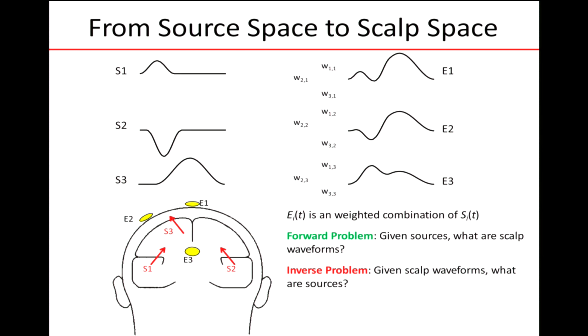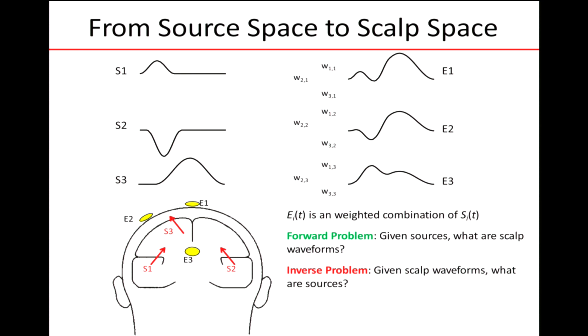This is a simple biophysics problem: once you know the location and strength of the sources, you see how current propagates in the brain, then through the tissues, and finally through the skull to be recorded at the scalp. Based on certain assumptions, you can solve that analytically.